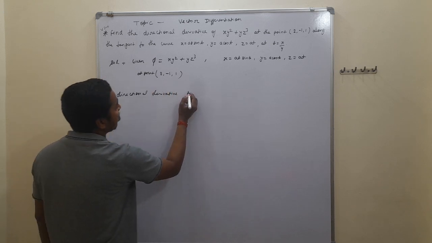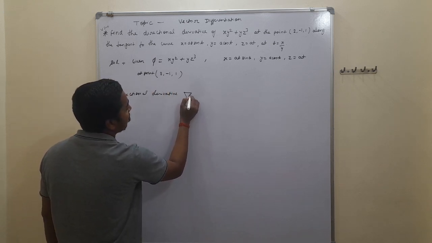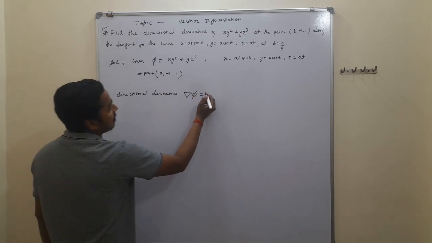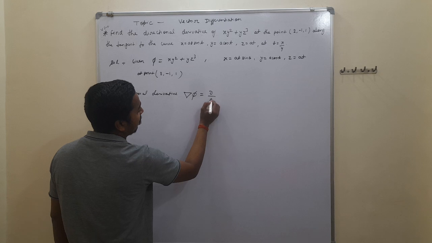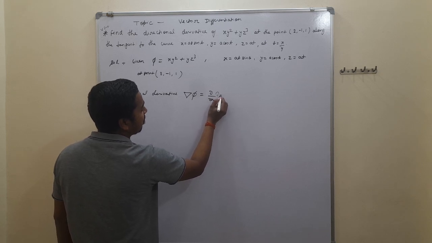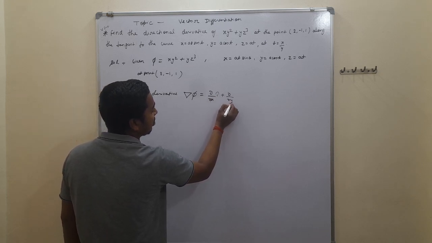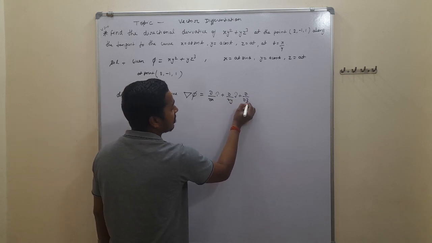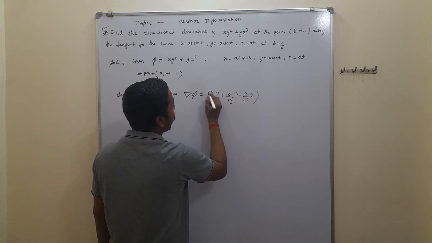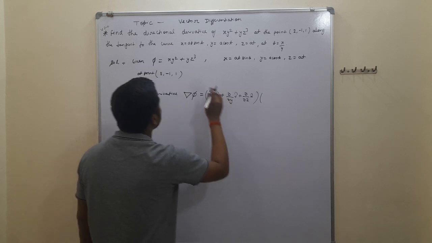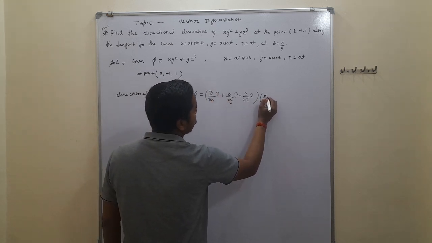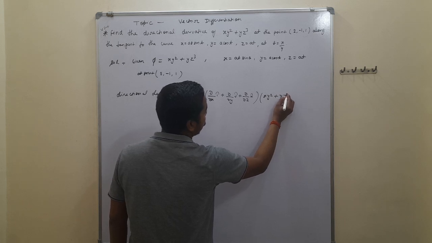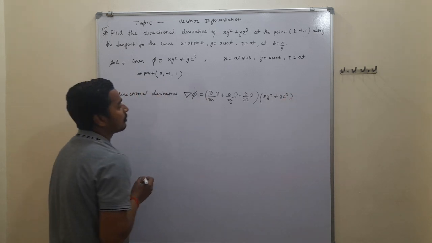This is given by del φ, where del represents ∂/∂x i cap plus ∂/∂y j cap plus ∂/∂z k cap, and the value of φ is xy² + yz³. Further we have to proceed.